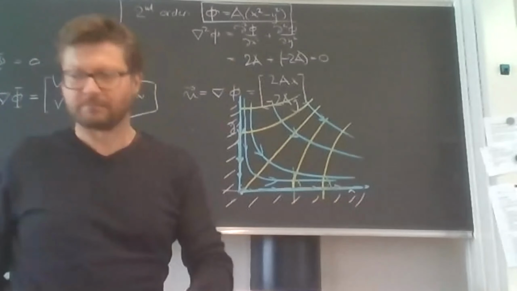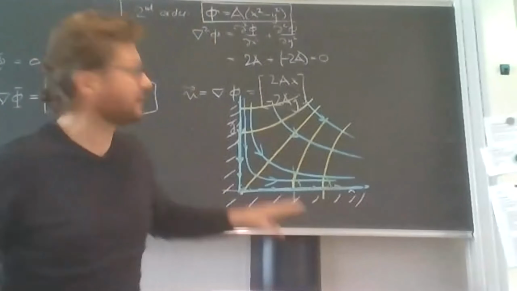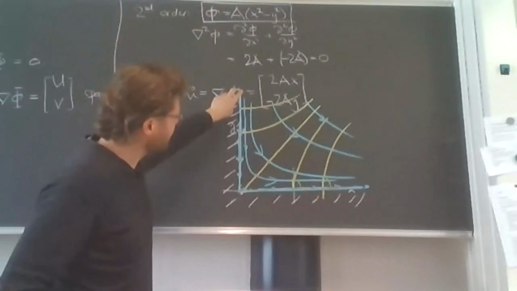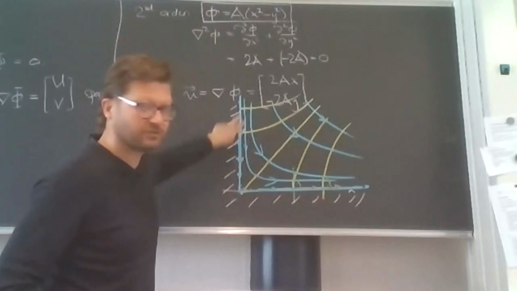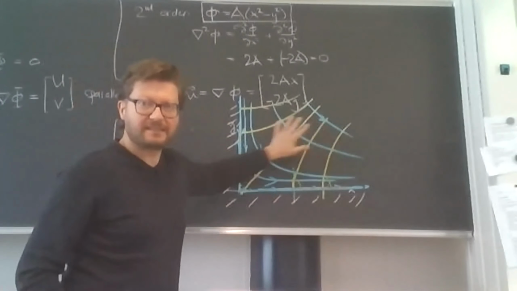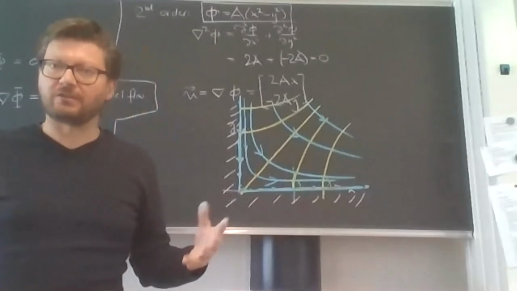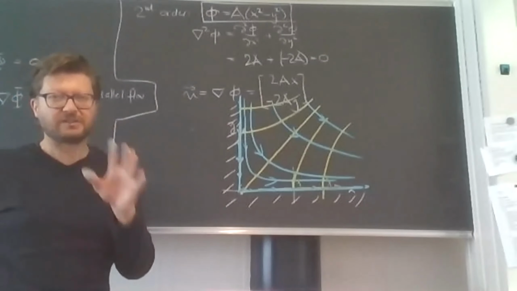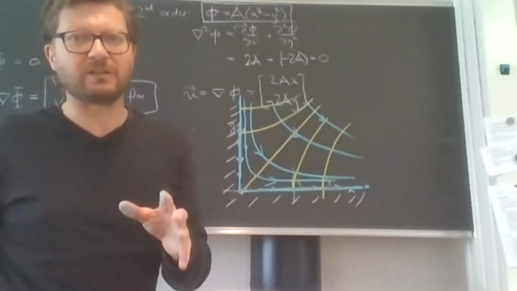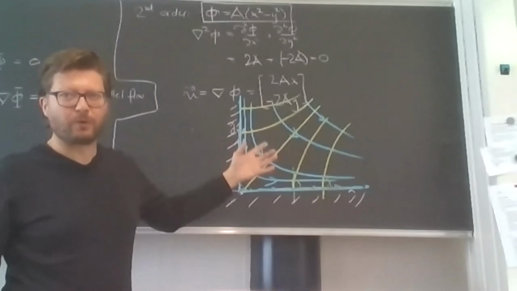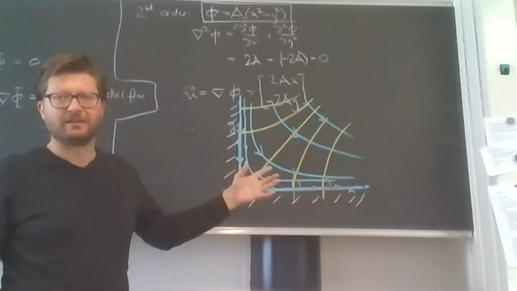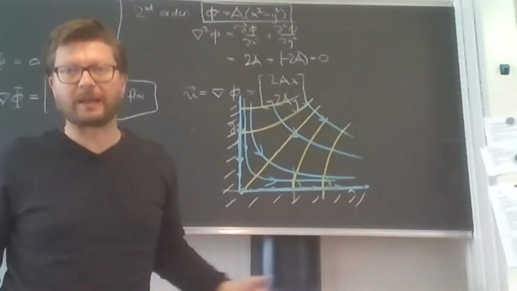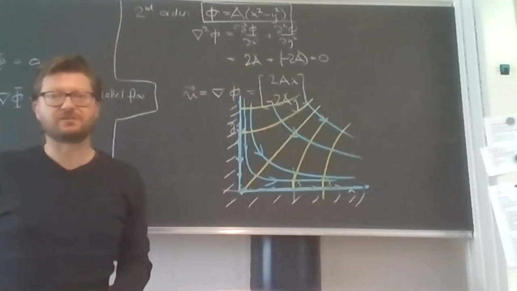In reality, we'll have a little boundary layer here because we need no slip, but outside the boundary layer, which will be confined to the wall, this is a very accurate, very precise solution for the flow field. Okay, so you hopefully start seeing the beauty of this. These are already quite complicated flows, and we could just write them down. And well, in 2 or 3 lines on the blackboard, we have solutions for these flows.